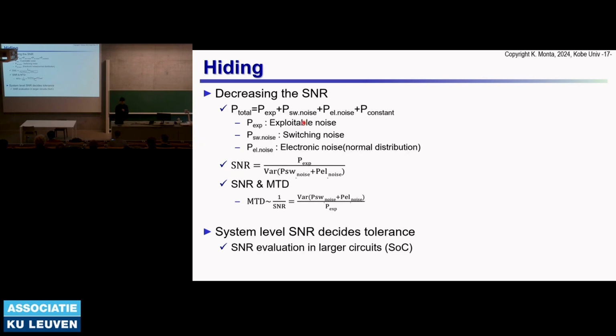Another one tries to decrease the exploitable signal by balancing or something like that. In hiding, signal-to-noise ratio is important because measurements to disclosure is highly related to the signal-to-noise ratio, as shown in this equation. So what is important here is that in hiding, it's really important to estimate the signal-to-noise ratio inside the IC chip.